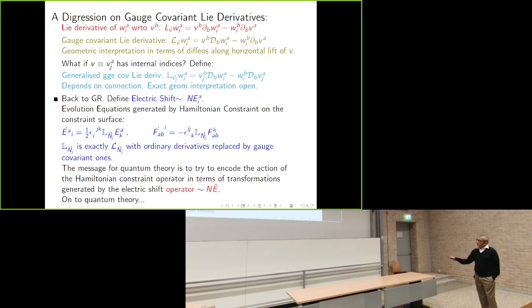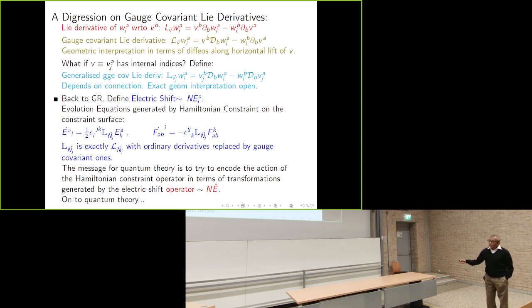This is a Lie algebra valued vector field because of this index i, and it turns out that the evolution equations generated by the Hamiltonian constraint on the constraint surface take a really intriguing form, which is that the time derivatives of, say, the electric field and the curvature are just written directly in terms of combinations of these generalized gauge covariant Lie derivatives with respect to the electric shift of the fields themselves.